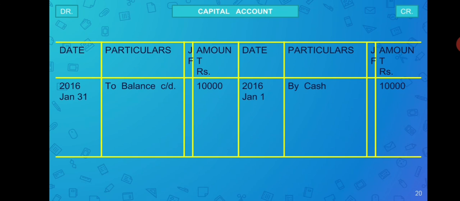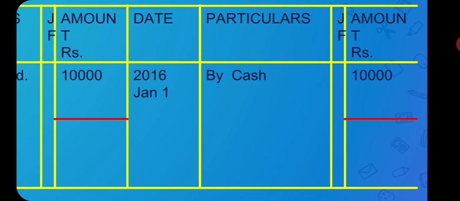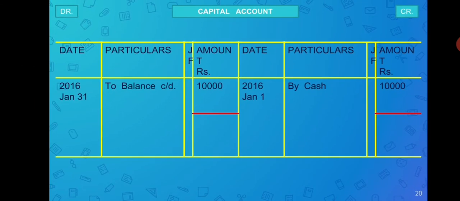Now we close the accounts. Draw lines and write the total on both the sides, close the account, and next you have to bring down the balance for the next month, isn't it? So now January 31st, there is a closing carry down balance of 10,000 rupees in the capital account.